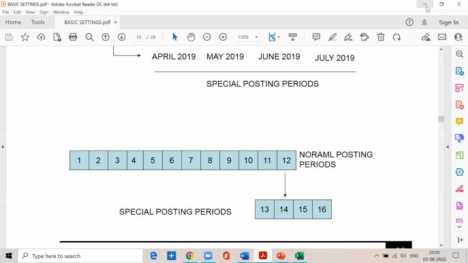The adjustments posted in any of the special periods will be posted as on the last day of the last posting period of the fiscal year, or on any date given by the user.